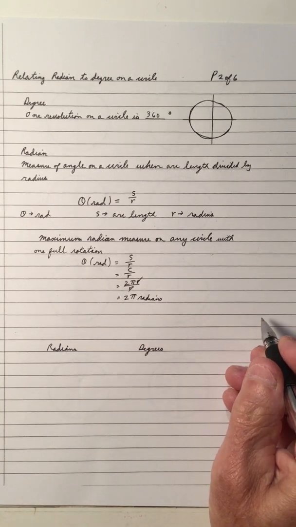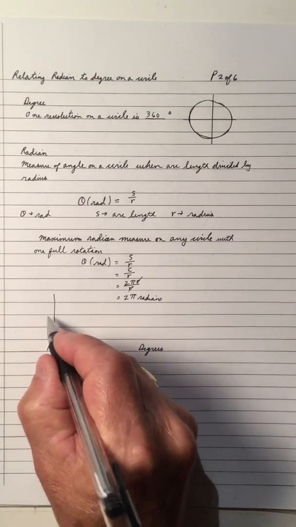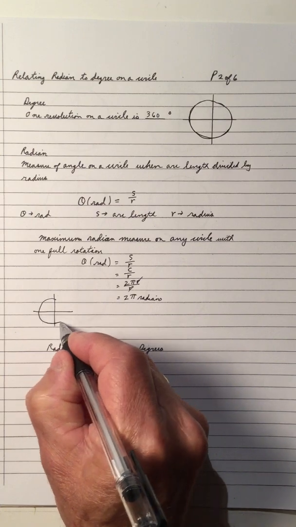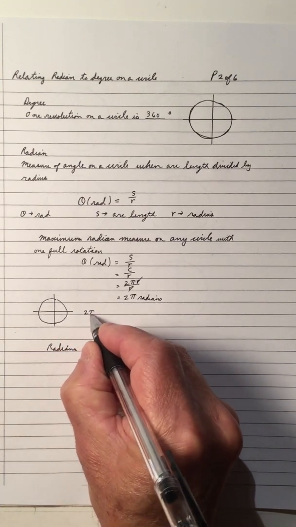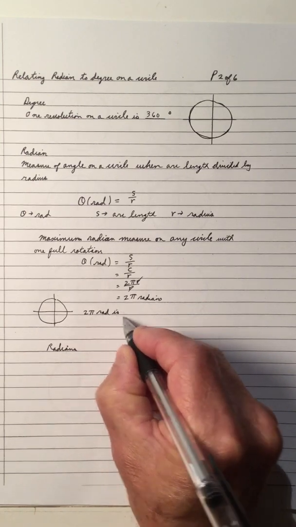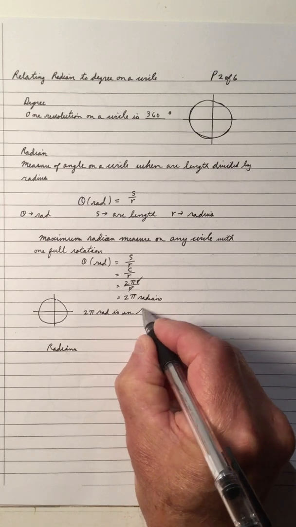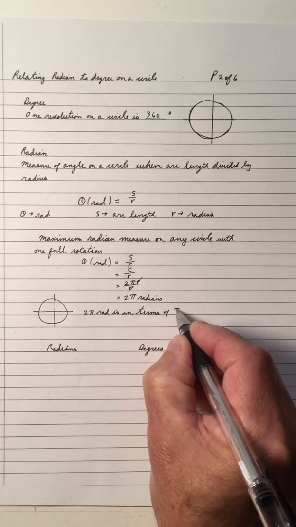One full rotation. And note that when you rotate around a circle of any radius, it is 2 pi radians, in terms of pi.